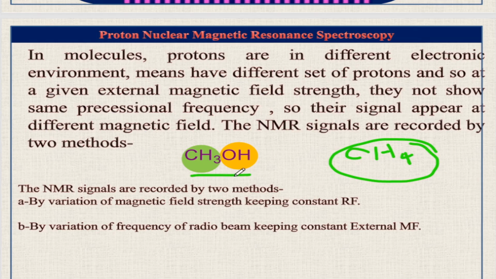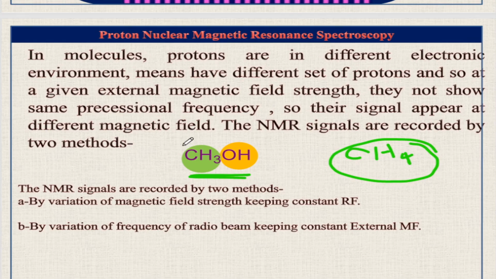If we take the example of methyl alcohol, there are two sets of protons. The electronic environment of both sets is different, so they show transition at two magnetic fields. The OH proton shows absorption at a certain magnetic field, and the CH3 protons show absorption at a certain magnetic field.